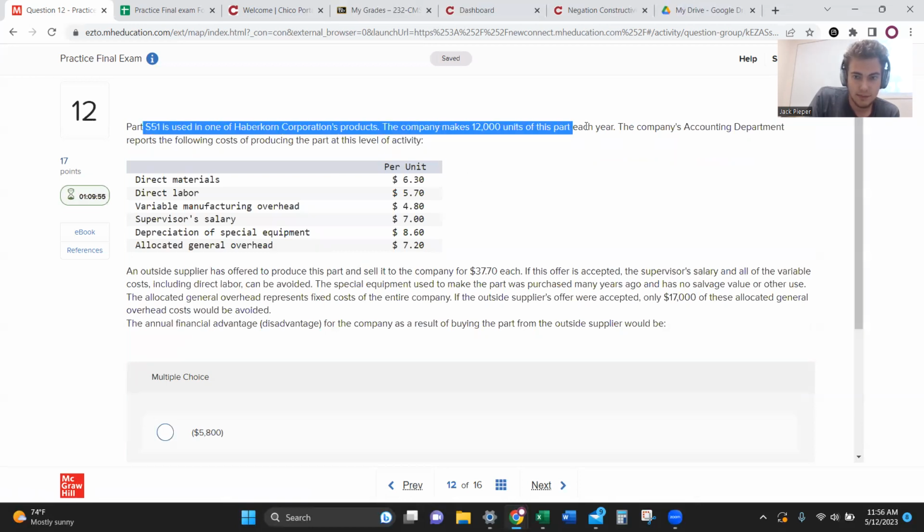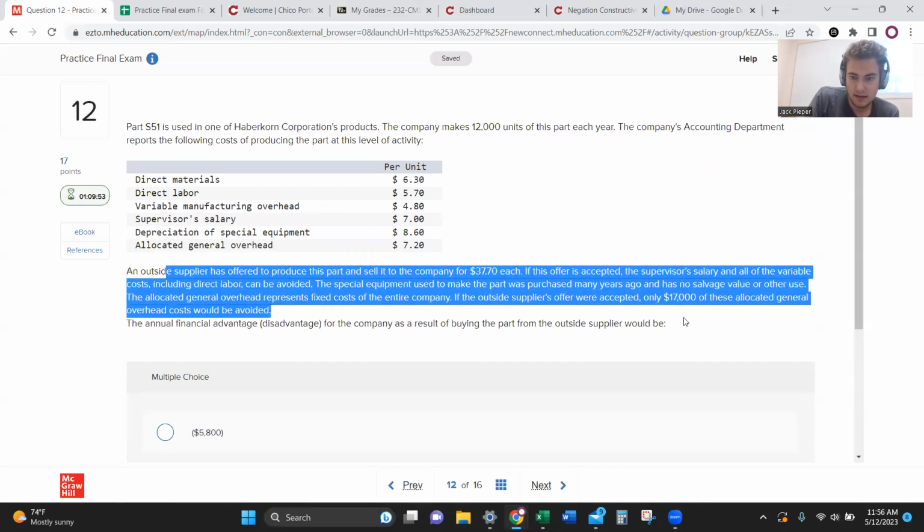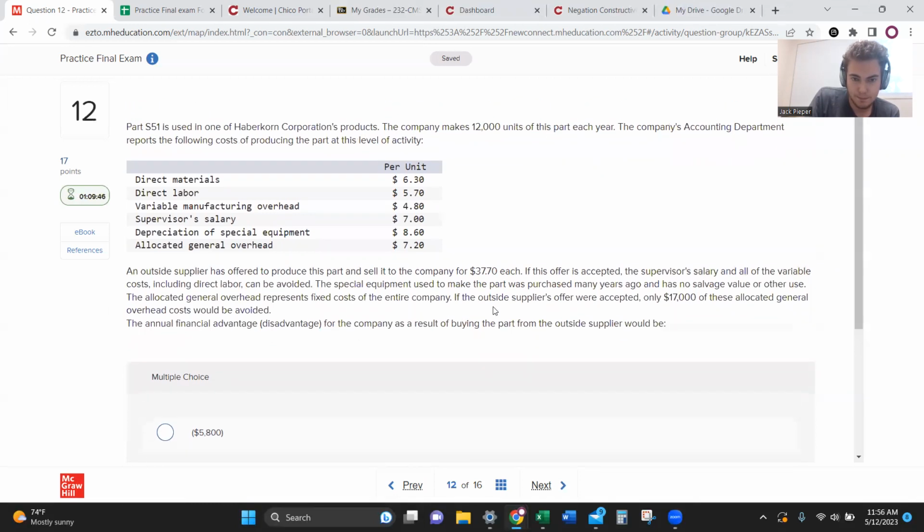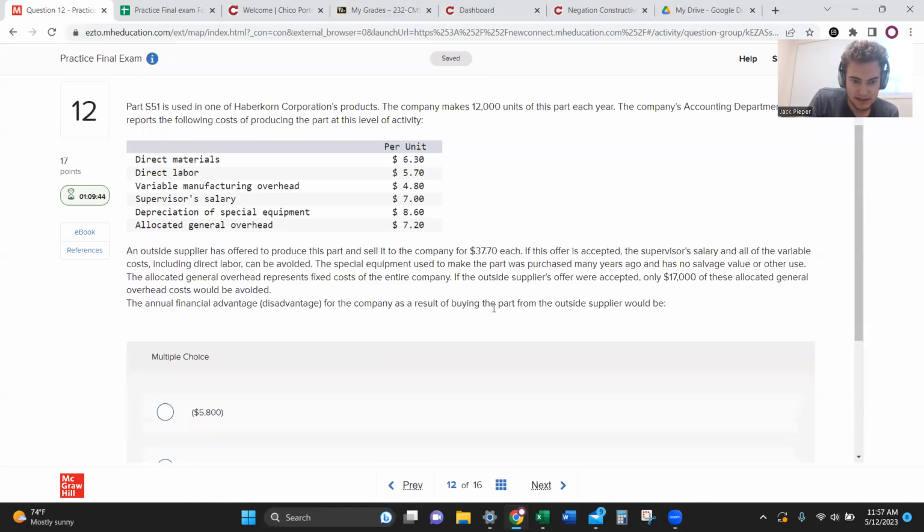All right, they make this many units, they sell. Okay, so we're looking at the advantage or disadvantage of buying from the outside supplier. So let's see here.